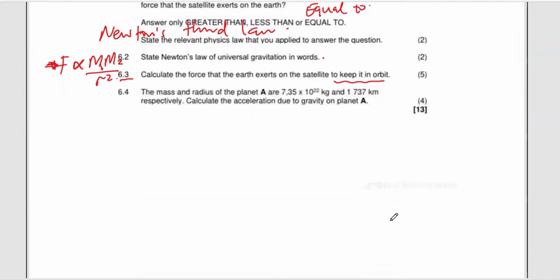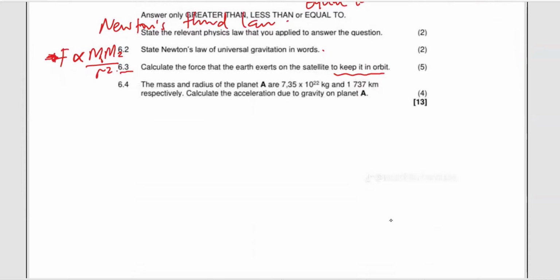Then 6.4. The mass and the radius of planet A are this much and that much, respectively. Can we calculate the acceleration due to gravity? Now, the formula that we use for the acceleration due to gravity is just g is equal to GM over R squared.